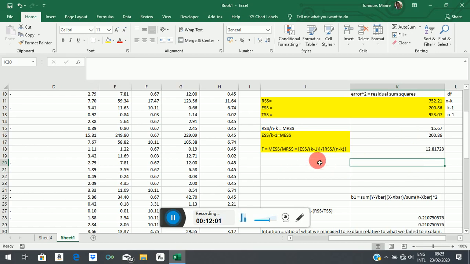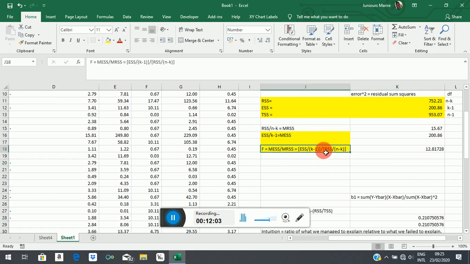So in your formula booklet, you might see a formula like this. That's what you will see in your formula booklet, where K is the number of variables, the number of estimated coefficients, and the minus 1 there is taking away the constant.